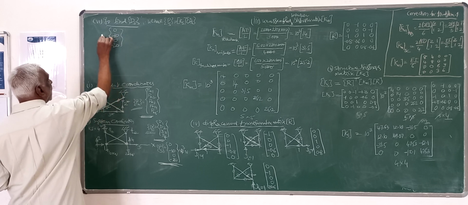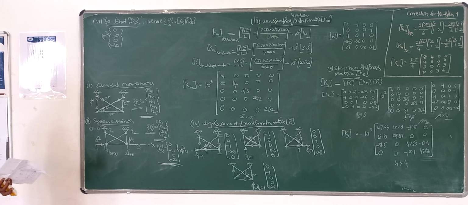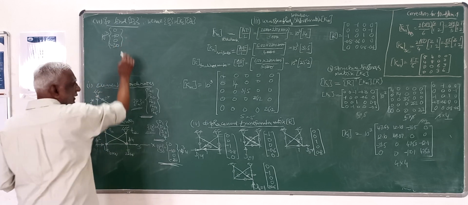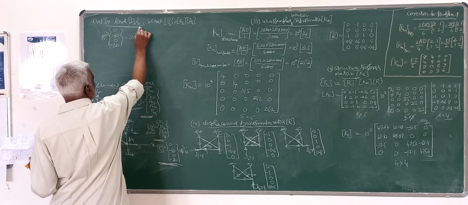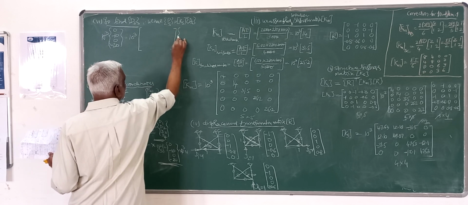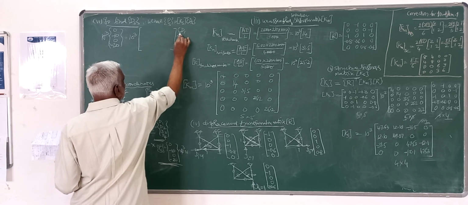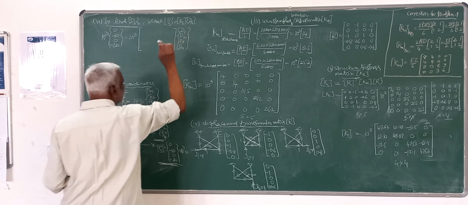And of course, all these are in kilonewton, so I have to multiply by 10 cube. That is equal to Ks, which I have generated, 10 cube into that matrix, into d1, d2, d3, d4, which we have to determine.